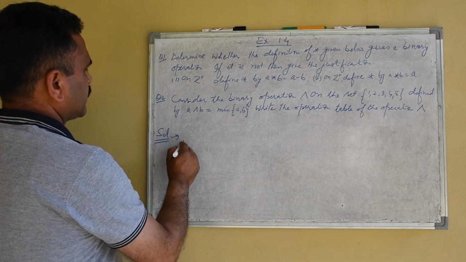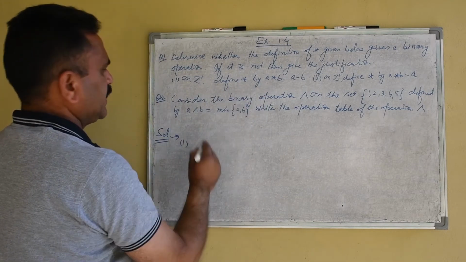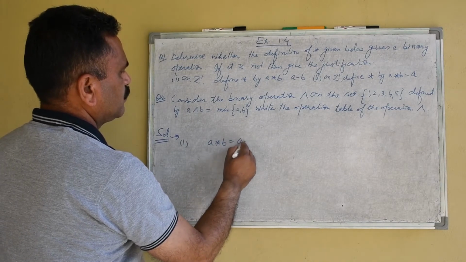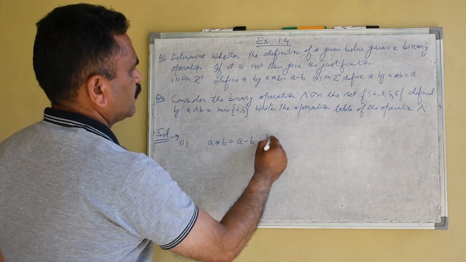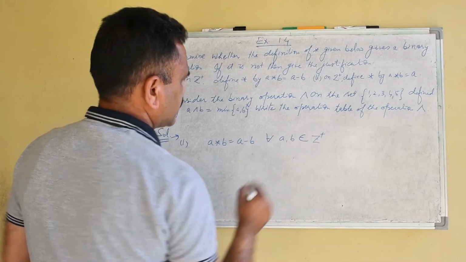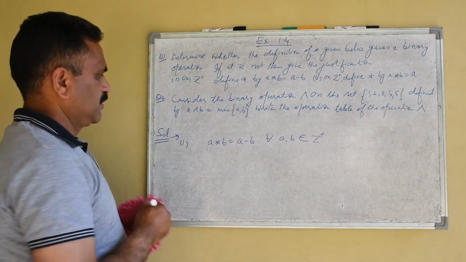So the first part: on Z plus, define a star b is equal to a minus b for all a, b belonging to Z plus. Z plus means positive integers.